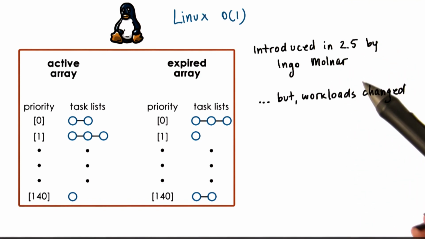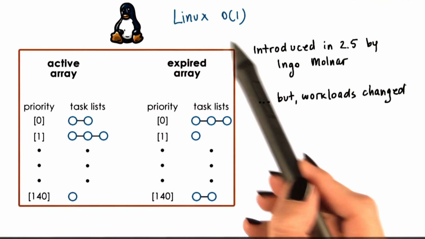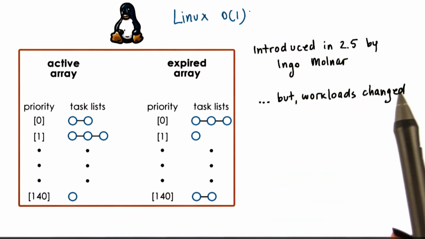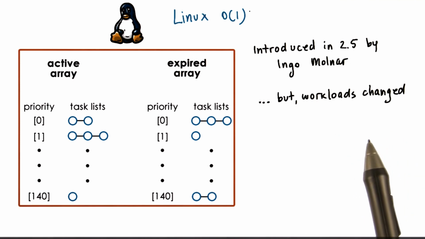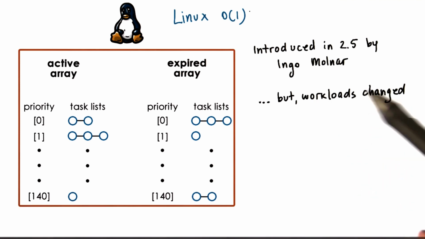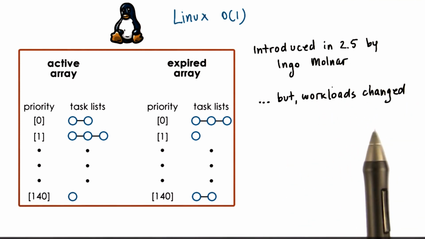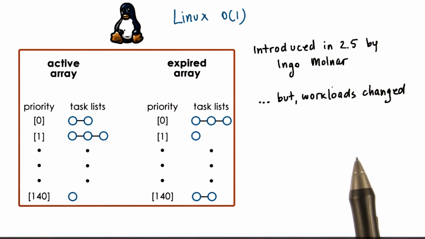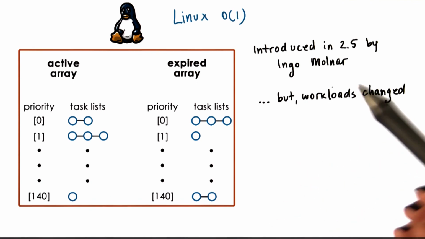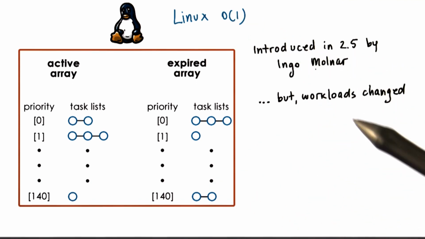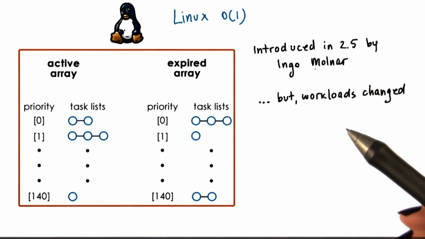In spite of its really nice property of being able to operate in constant time, the O(1) scheduler really affected the performance of interactive tasks significantly. And as the workloads changed, as typical applications in the Linux environment were becoming more time sensitive, think Skype, movie streaming, gaming, the jitter that was introduced by the O(1) scheduler was becoming unacceptable.